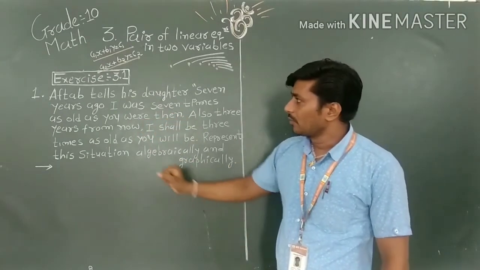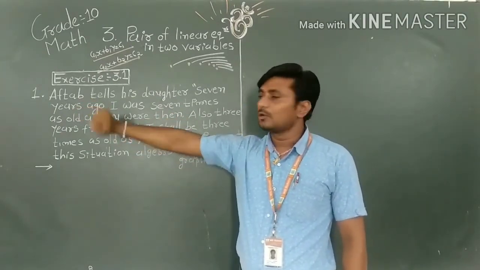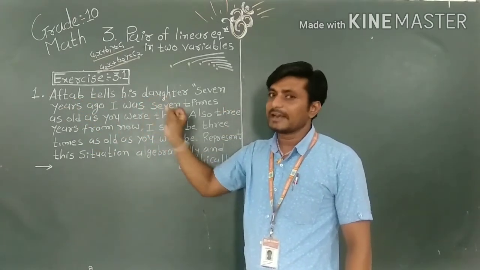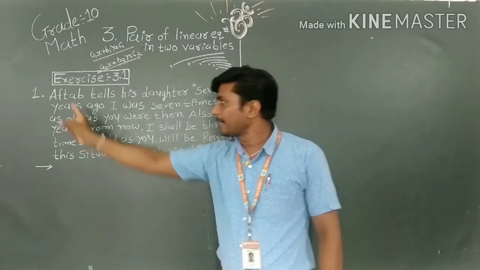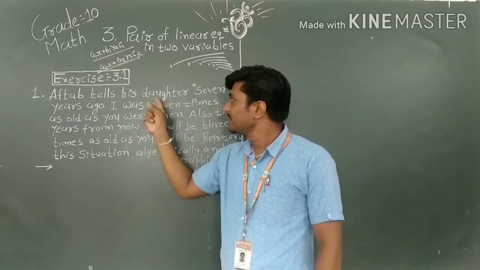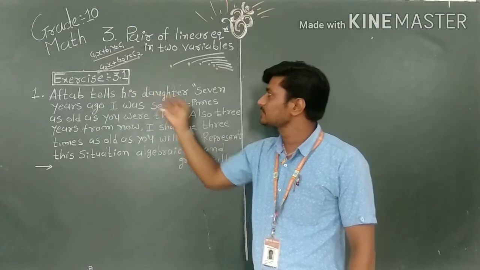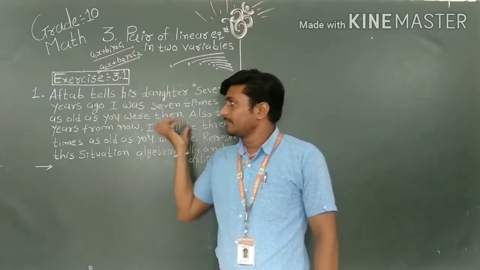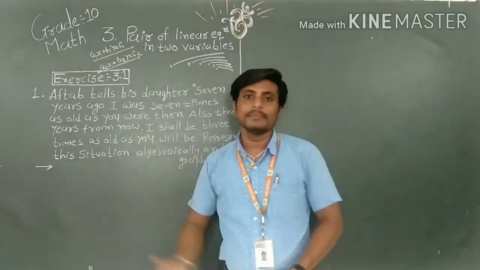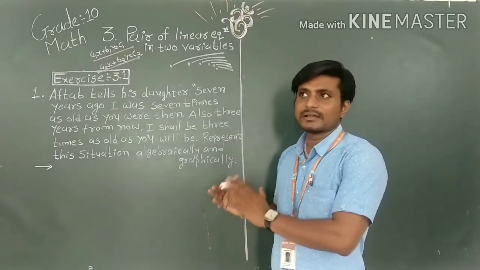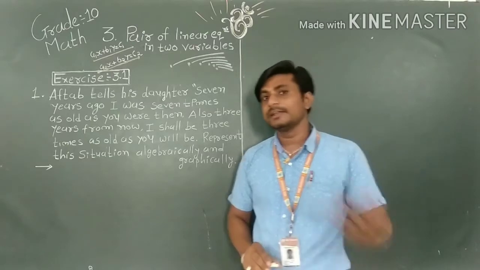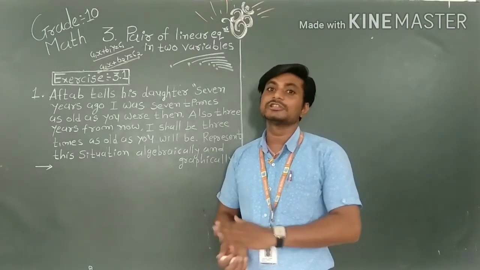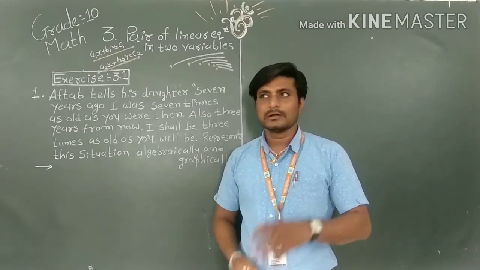Now, how many persons are there? Look at the data: Aftab tells his daughter. That means there are two persons, the first one is Aftab and the second one is his daughter. This problem is an age problem, and in your previous standard you already learned how we solve age problems.